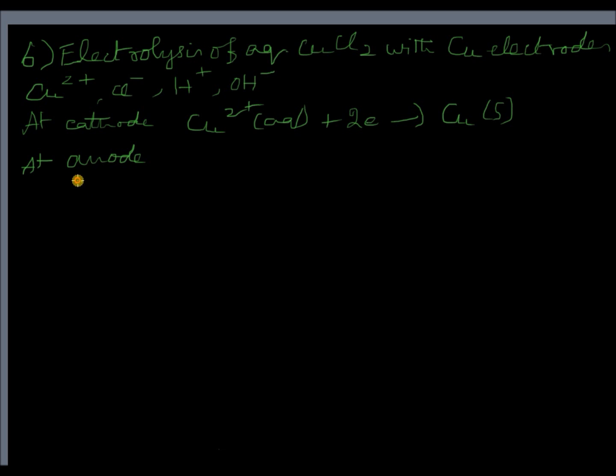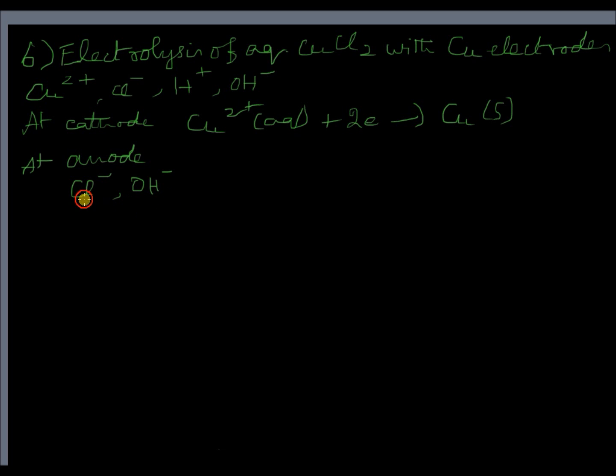At the anode, in addition to chloride ion and OH minus ion or oxidation of water, we have a reactive electrode here. That is what we have to keep in mind. We have a reactive electrode, it's not inert.